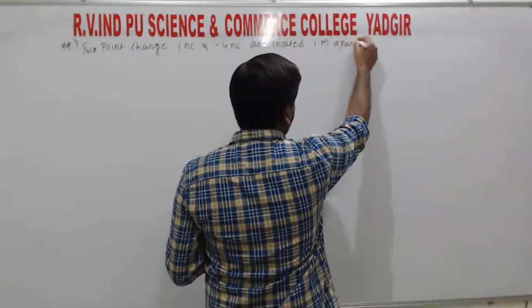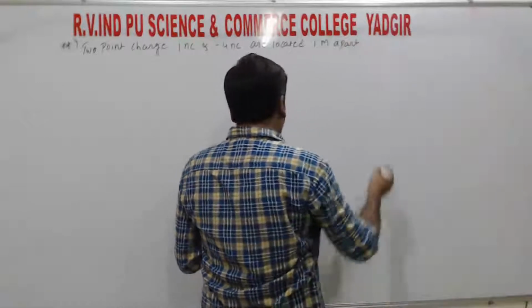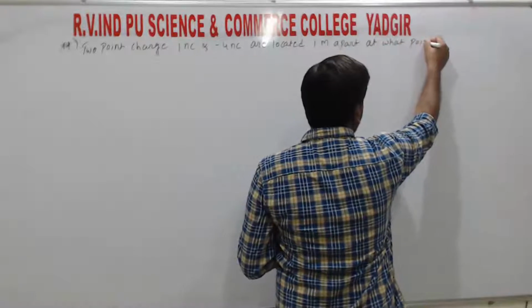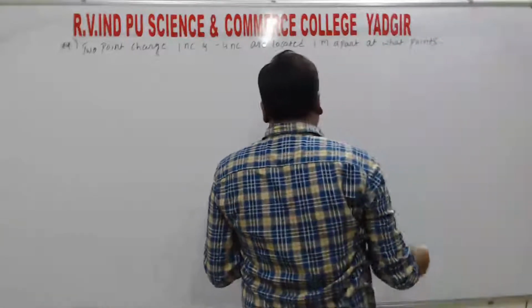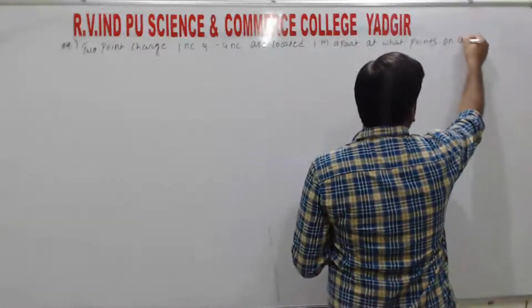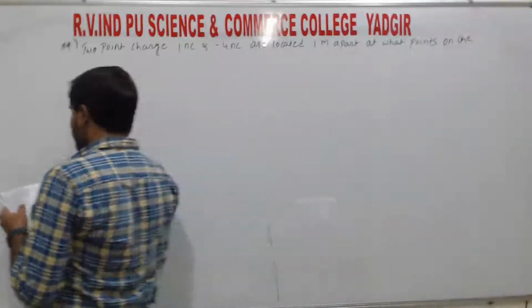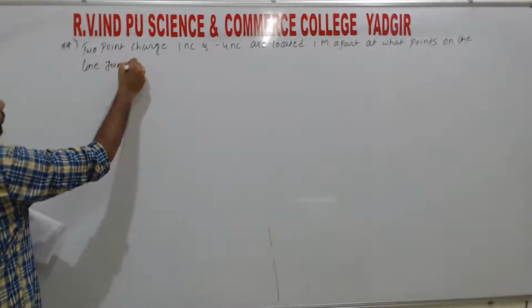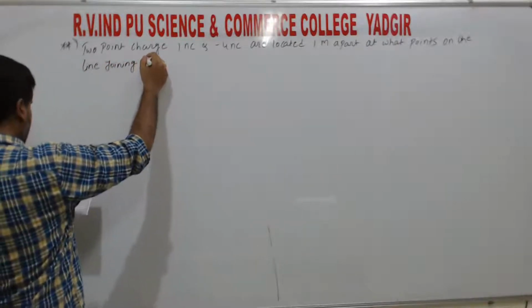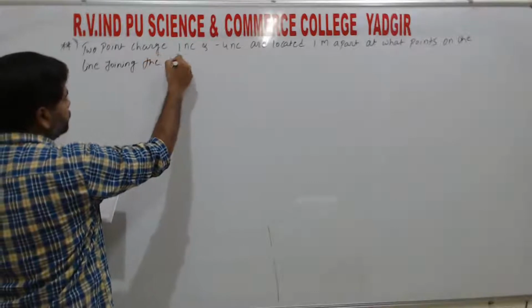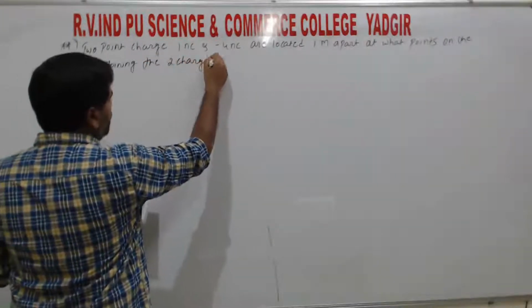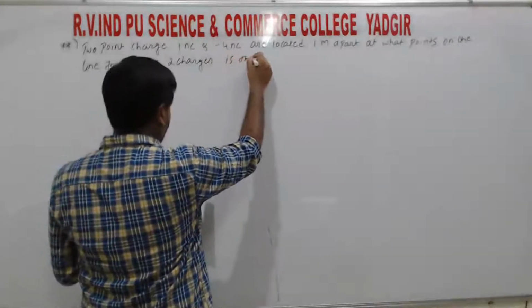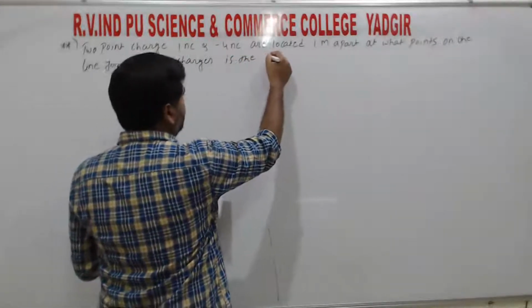At what point on the line joining the two charges is the electric potential zero?